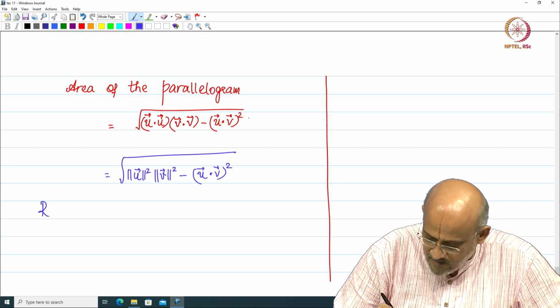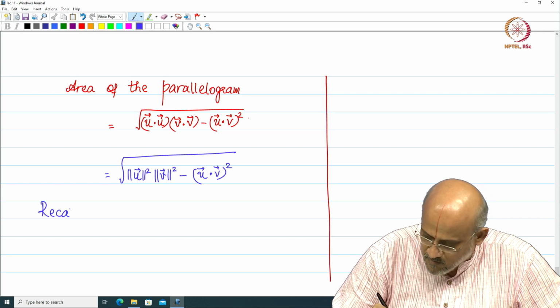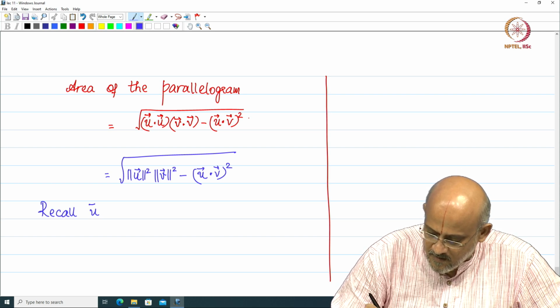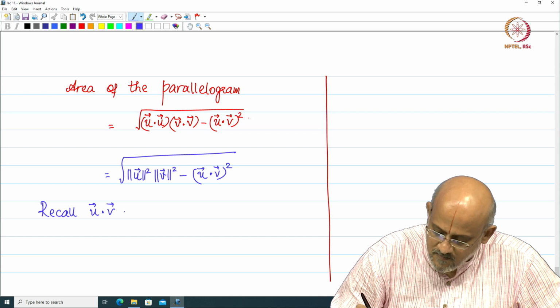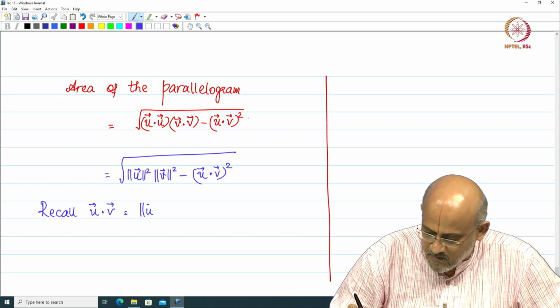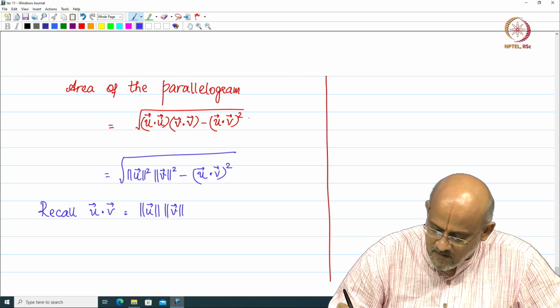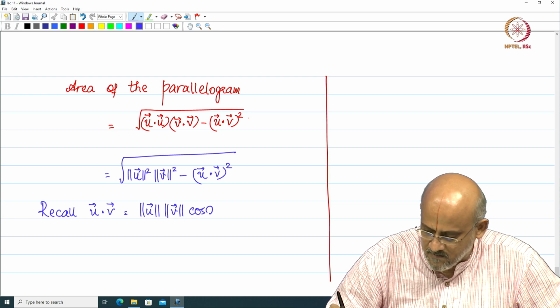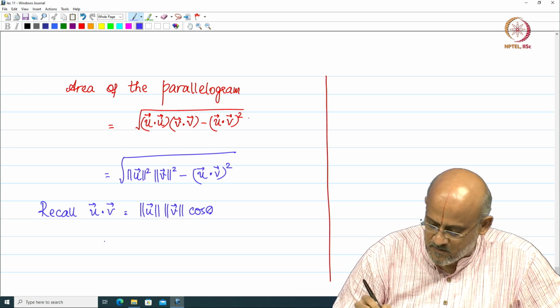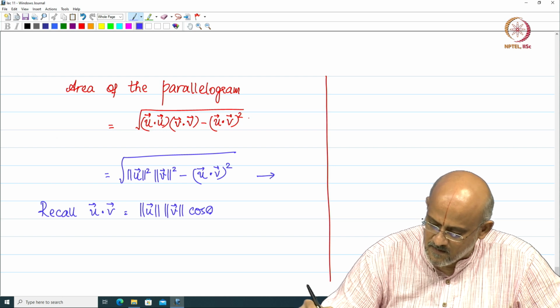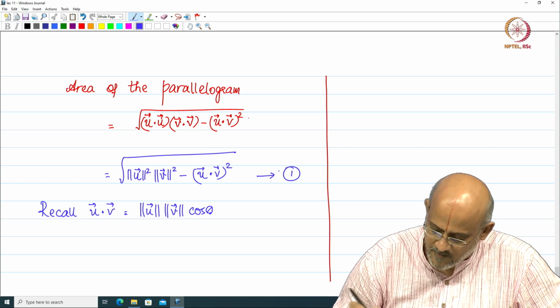Now, we know that u dot v is nothing but the magnitude of the vector u, the magnitude of the vector v into cos theta. So, we are going to plug that into this equation, let us say equation 1.